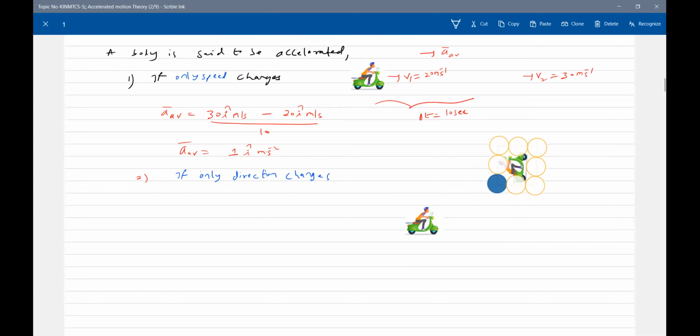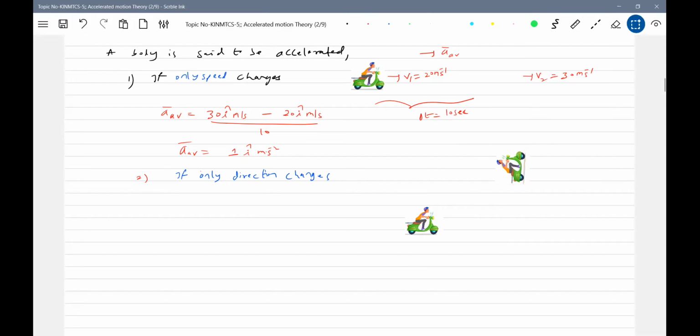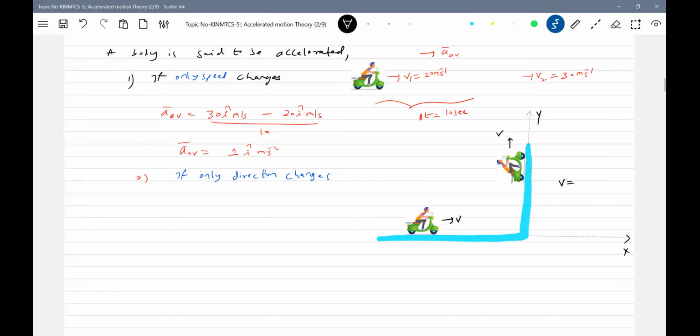So there's a road here, I think I'm able to show it with this rough diagram. He was moving along the positive x-axis. Then afterwards, he'll change his direction. This is the x-axis, this will be the y-axis. He was moving with a speed v, let it be 10 meters per second.